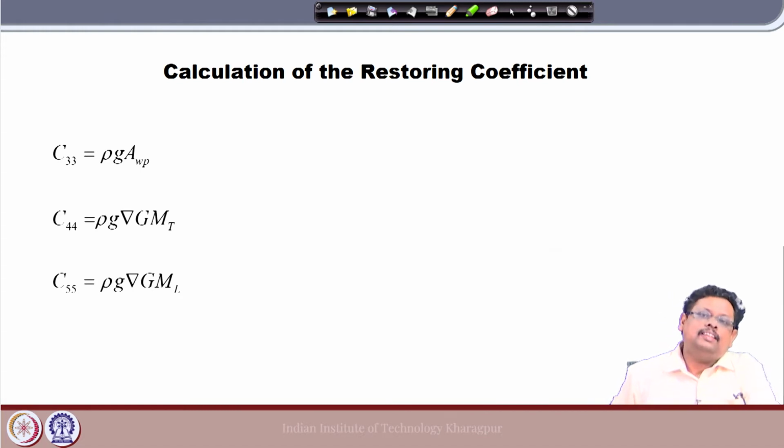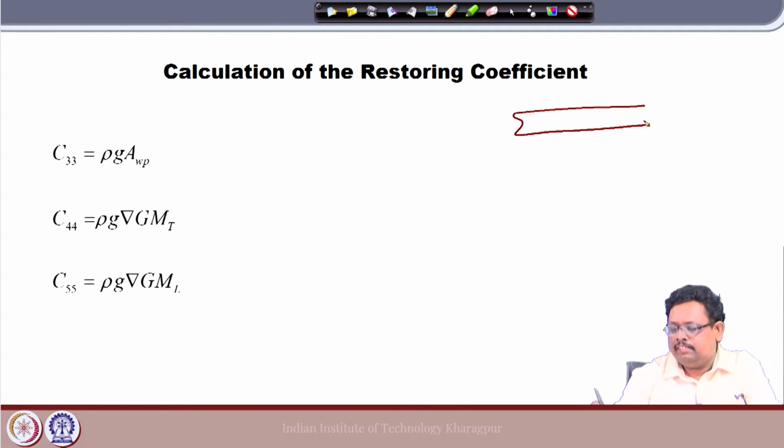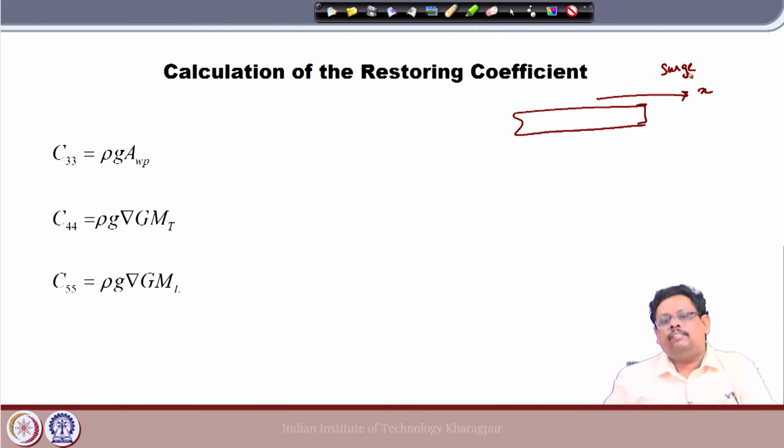Now, if you look at the 6 modes of motion, surge is along the horizontal axis. Let us draw the ship just for clarity. The surge, along the x direction, does not experience any kind of restoration, because there is nothing to pull it back.